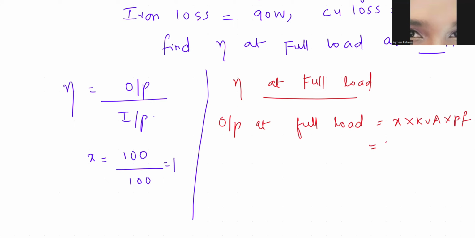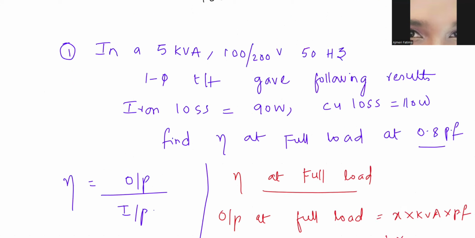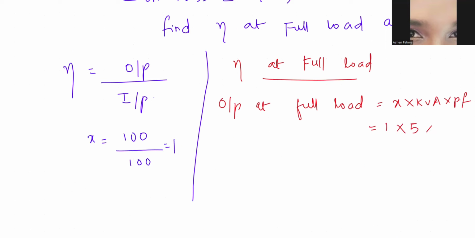What is kVA given? It's given as 5 kVA. So 5 into the power factor, which is 0.8. 0.8 into 5 is 4.